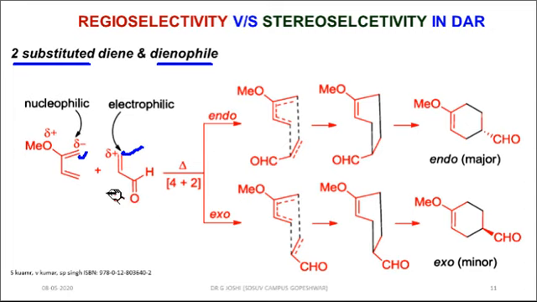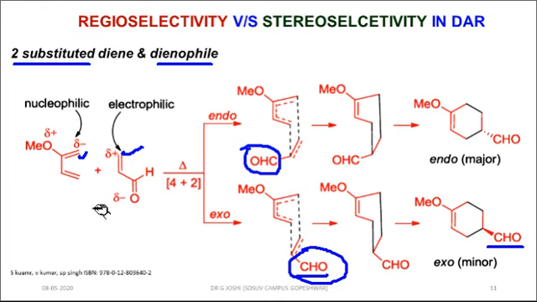And if this dienophile approaches endo, with its endo stereochemistry in the transition state, then this CHO, since it is in the plane of this C1 towards the outside, will acquire a position below the plane. Similarly, when this dienophile has exo stereochemistry in the transition state, this substituent of the dienophile will acquire a position above the plane in the product.